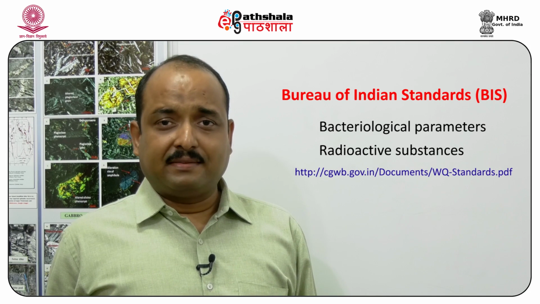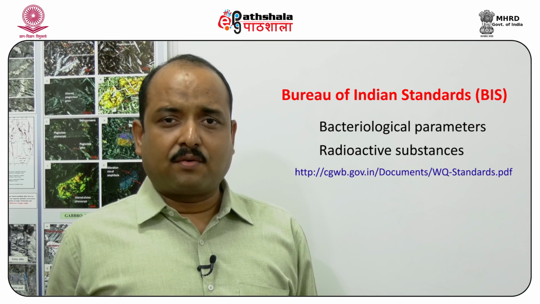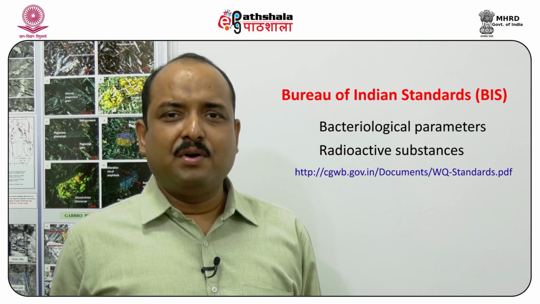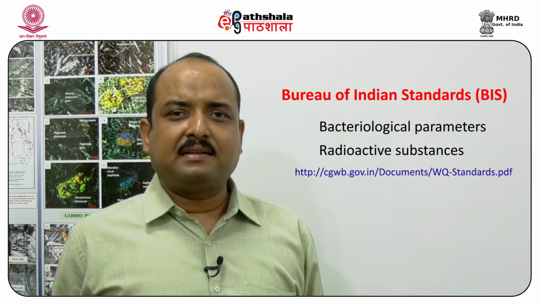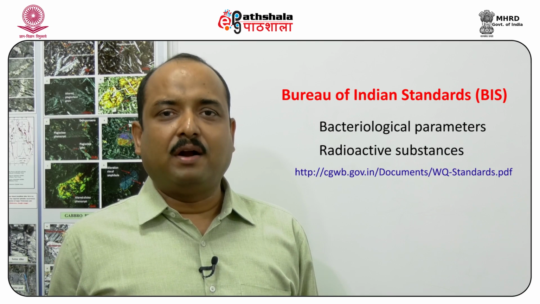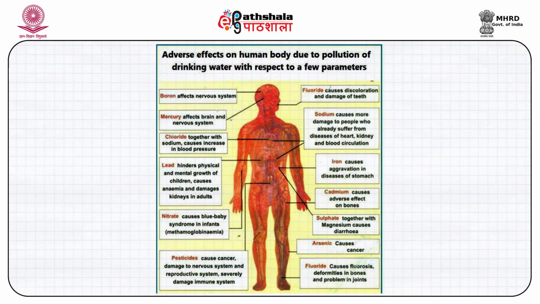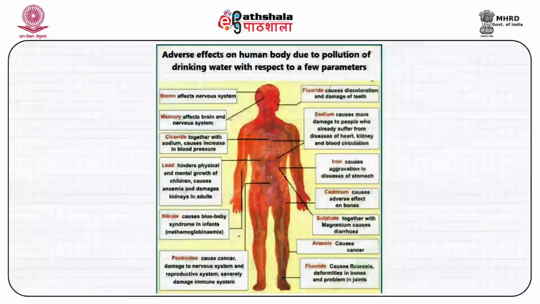The more important thing when we talk of water quality for drinking purposes is how the pollutants affect different parts of the body. Let's have a look at the figure. Look at the figure, what the title says: adverse effects on human body due to pollution of drinking water with respect to a few parameters. This is not exhaustive. There are only a few parameters.